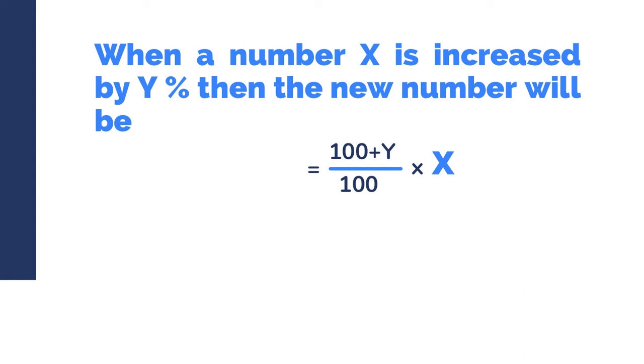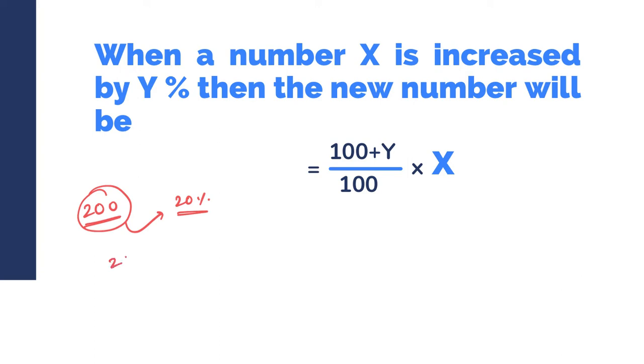Now this concept is saying when a number x is increased by y percentage, then what will the new number be? Take an example. Suppose you have the number 200, and this number is increased by 20 percentage. You calculate 20 percentage of 200 and add that number to 200.